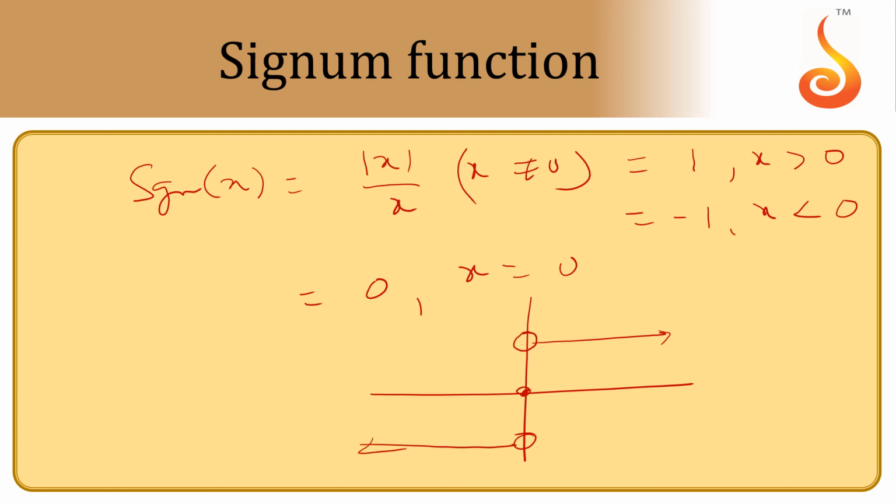So this is the signum function. These are the functions which are very helpful in understanding later limit, continuity, and differentiability of functions. Very easily you can understand with the help of these functions.